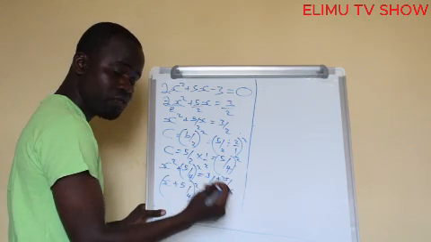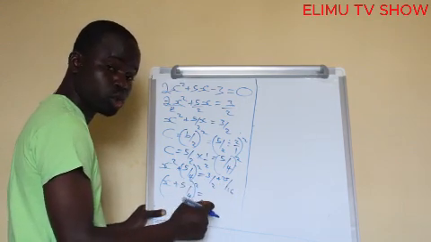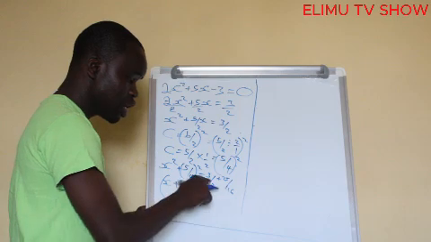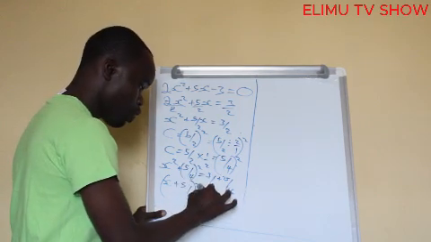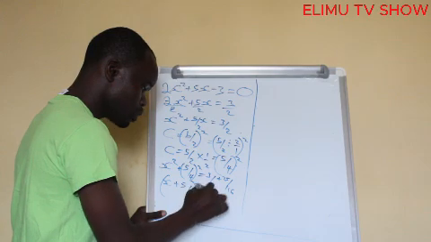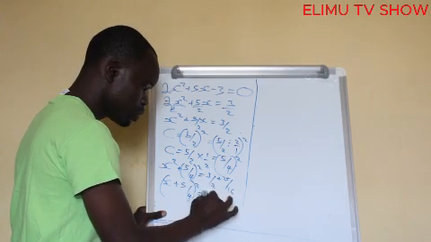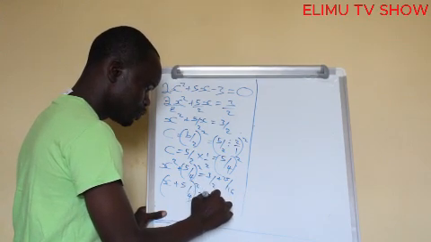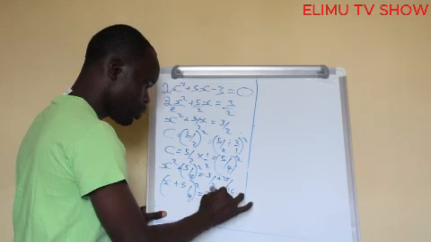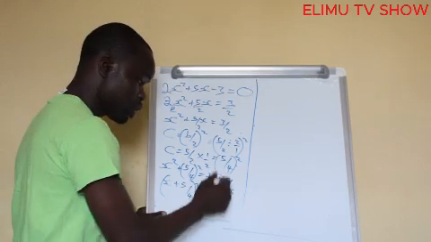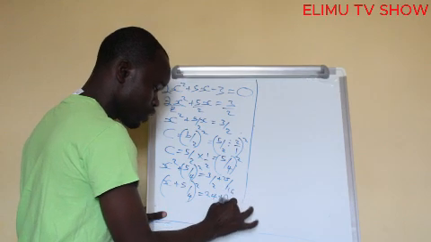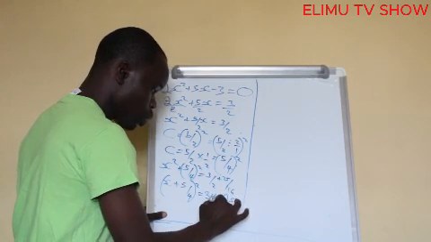So if you take 16 and divide it by 2, it becomes 8. The same 8 you multiply by 3 becomes 24. So we are going to have 24 plus 16 divided by 16 is 1 times 25 becomes 25, everything over 16.